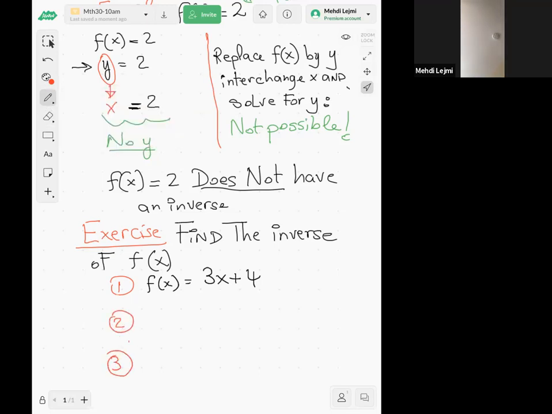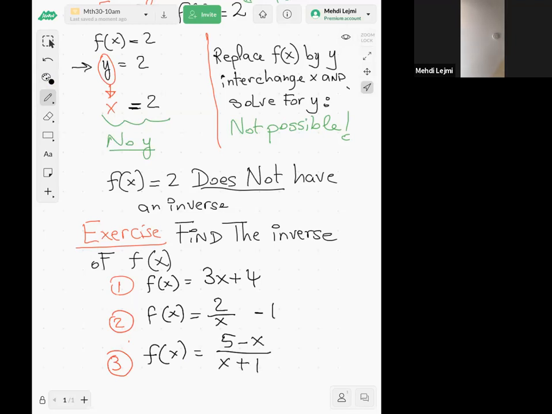Next function, we have f of x equal to 2 over x minus 1. And the third function, f of x, is 5 minus x over x plus 1.